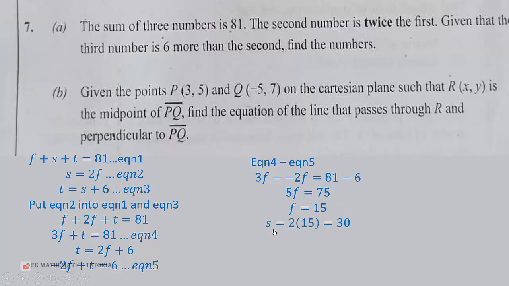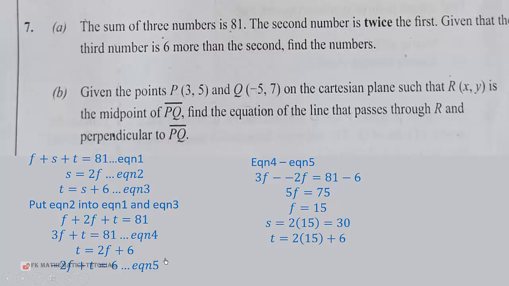So we put F equals 15 into equation 2. That will give us 2 times 15, which is 30. So S is 30. And then T equals S plus 6, so 30 plus 6, which is 36.